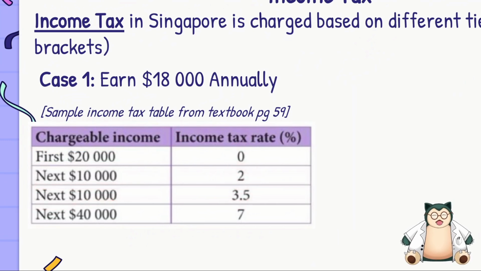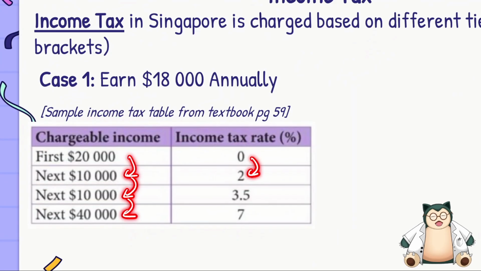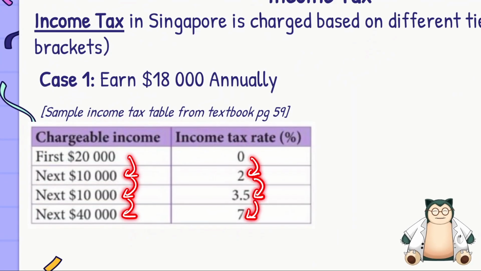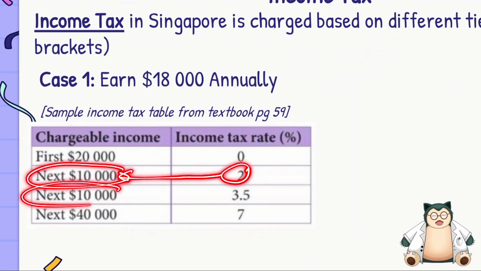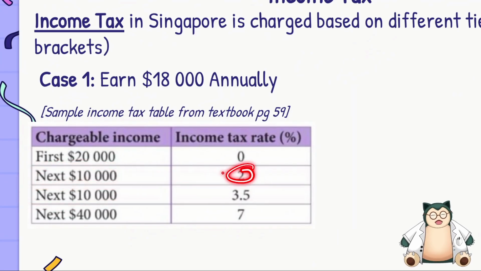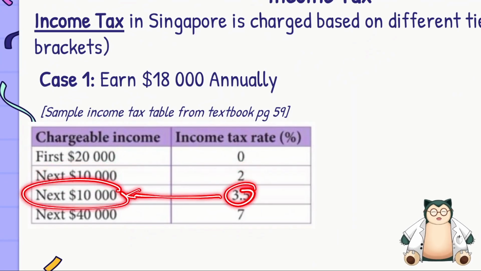Notice that this is what we call a progressive tax, generally used across the world, where the more money you earn, the tax rate actually increases. But the tax rate only affects that bracket of money. For example, this 2% will only affect the next $10,000. The 3.5% will only affect the $10,000 afterwards.